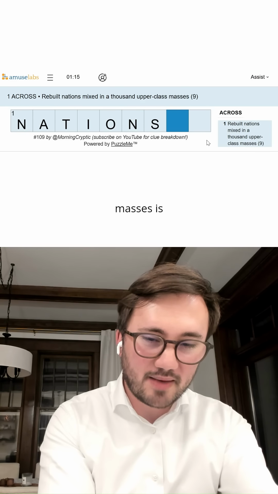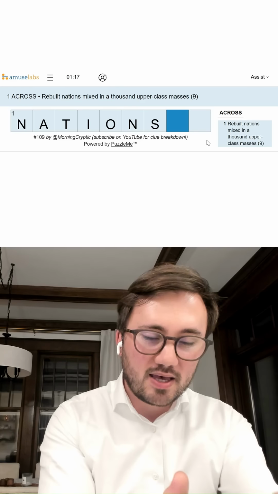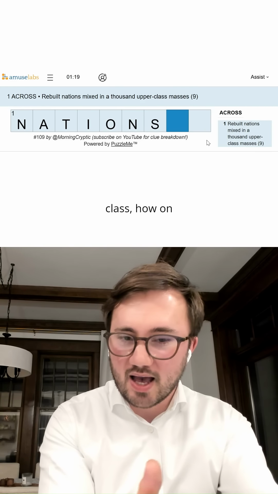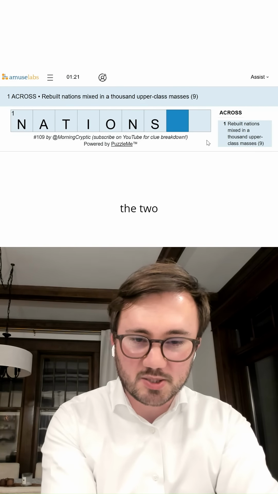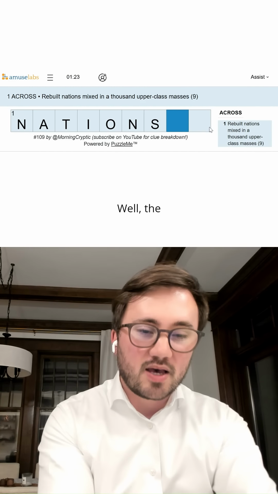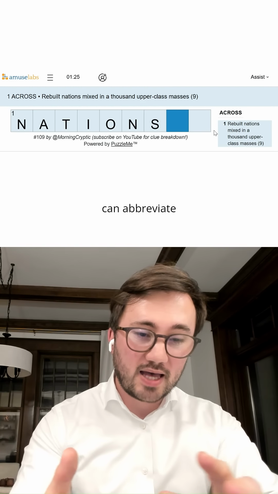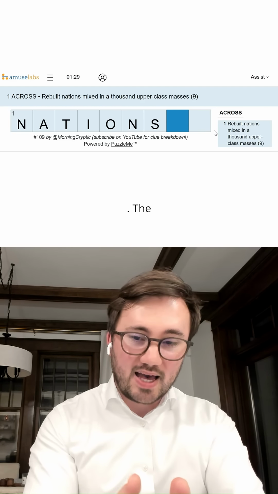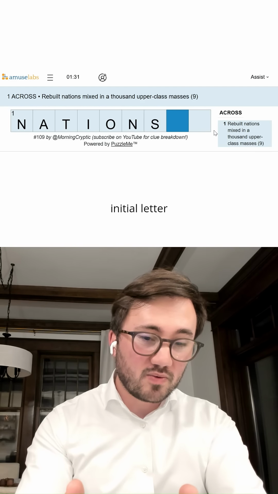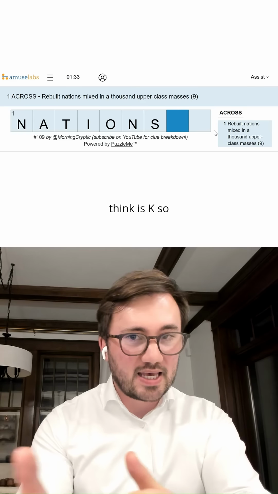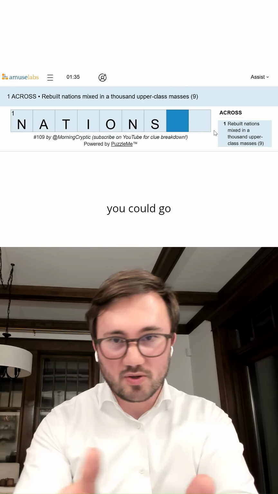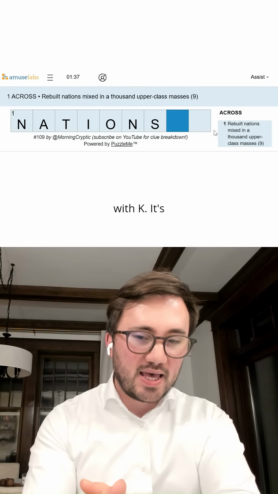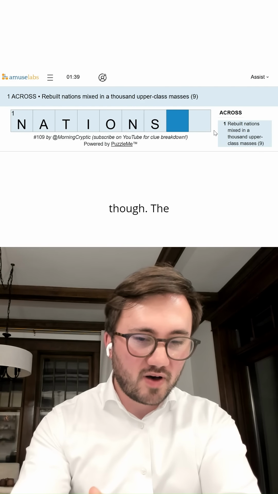I mean, we can think that masses is probably the definition. 1,000 upper class, how on earth are we going to fit that into just the 2 letters that we have left? Well, the first thing is that you can abbreviate 1,000 to just one word. The initial letter that one might think is K, so you could go down that road with K. It's probably not going to get you very far, though.